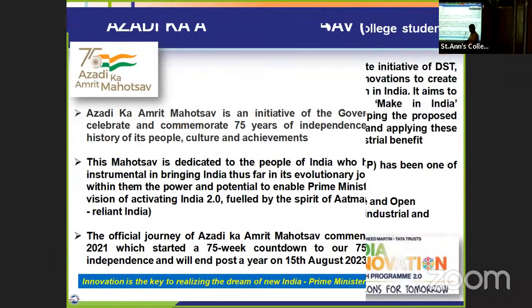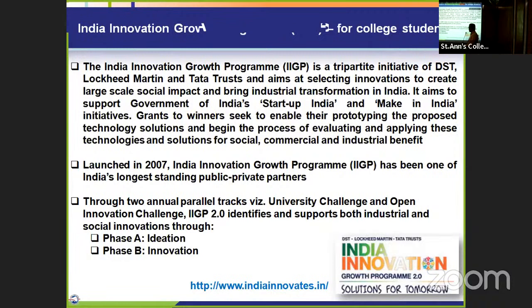Now after this, I wanted to give you some opportunities available through Government of India or at ARCI or at different R&D institutes within the country. So Government of India has several initiatives for young students, young minds. This is one of the programs called India Innovation Growth Program, IIGP basically. IIGP 2.0 is for college students.